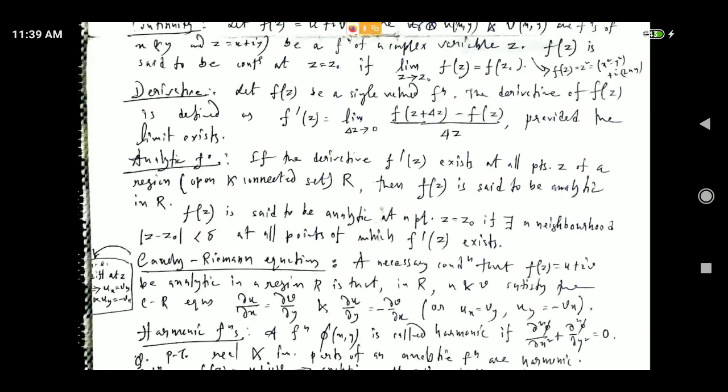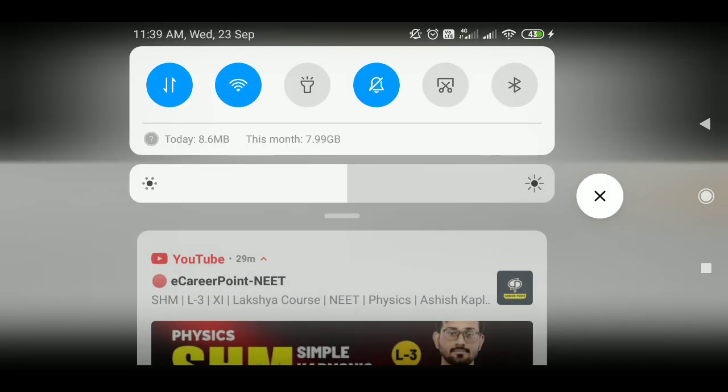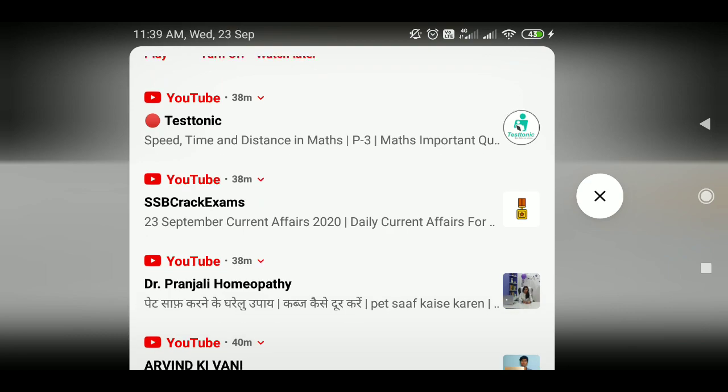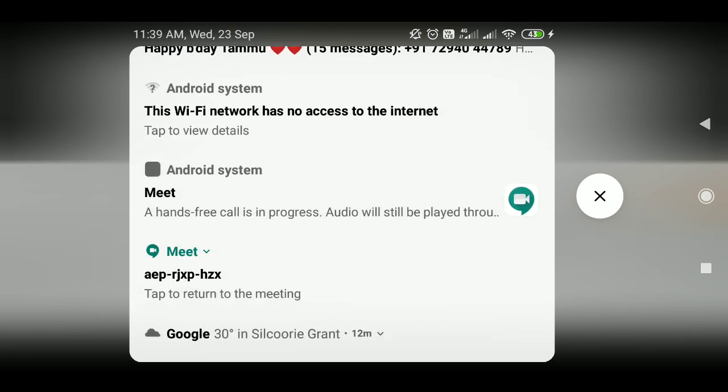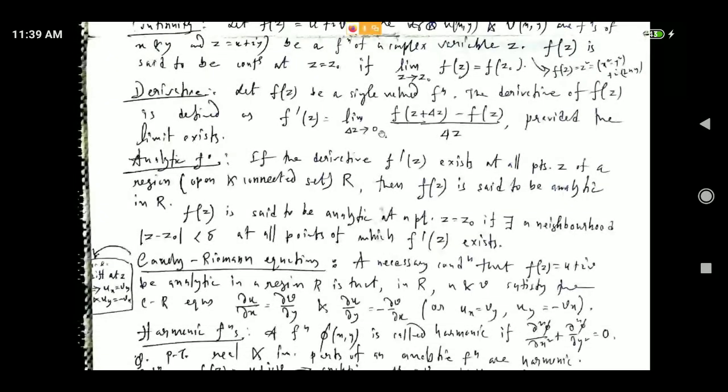But in real numbers there were only two directions: h tends to 0 plus and h tends to 0 minus. Right side of 0 or left side of 0. But things are not like this in complex numbers, because 0 plus will not have a meaning here, because there are so many other directions also.